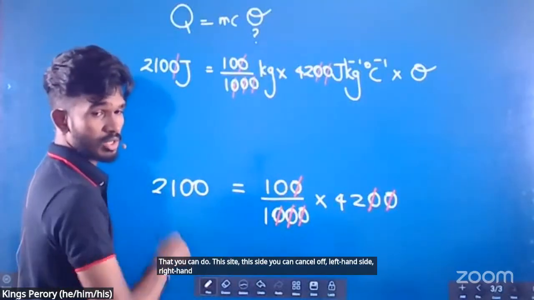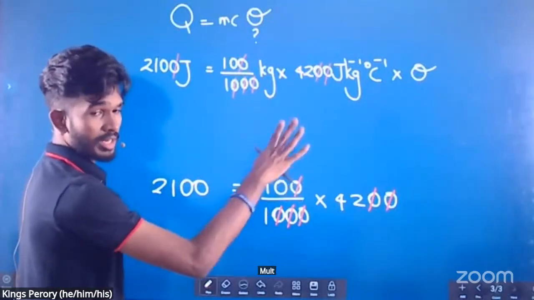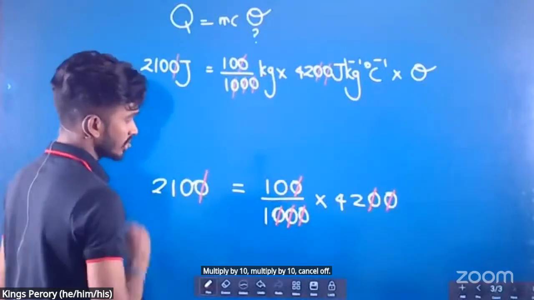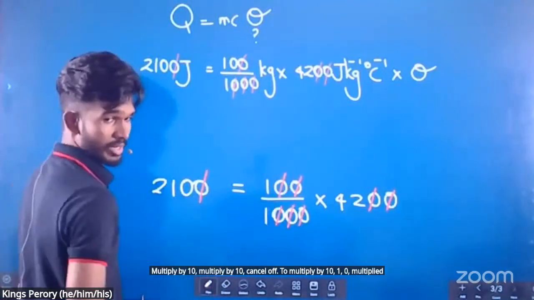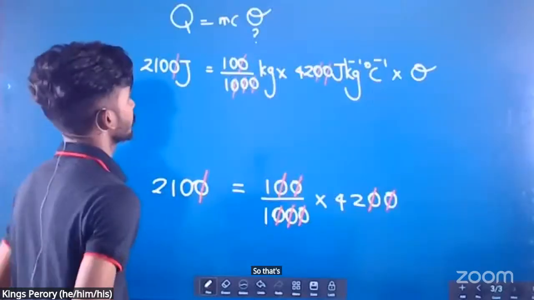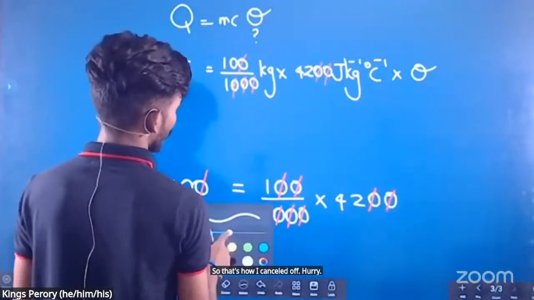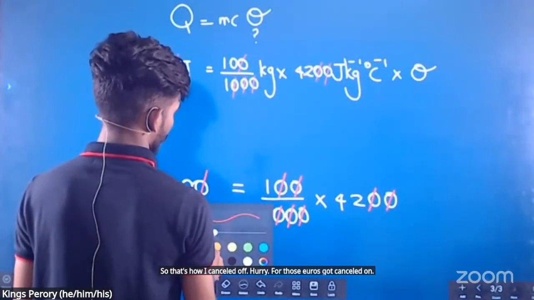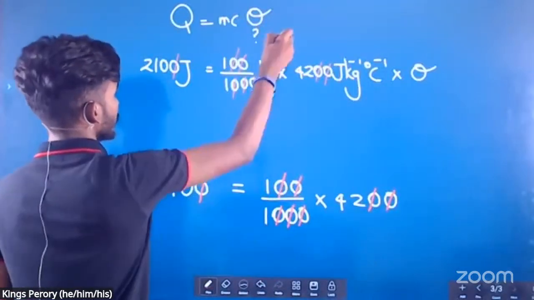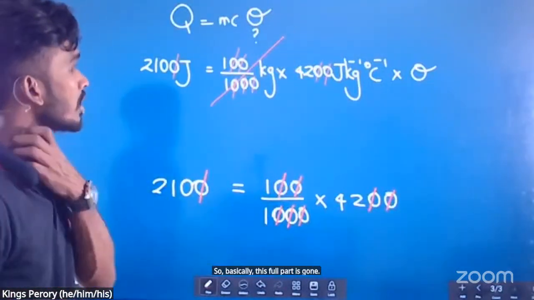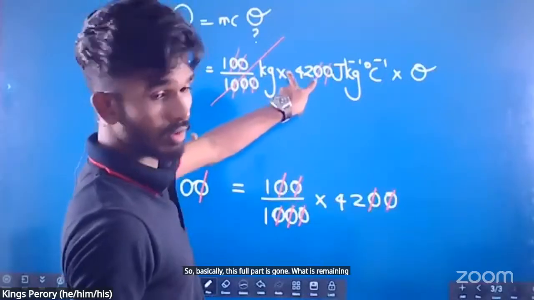Multiply by 10, multiply by 10, cancel off. So those zeros got cancelled off, and this full part is gone. What is remaining here? Only 42.